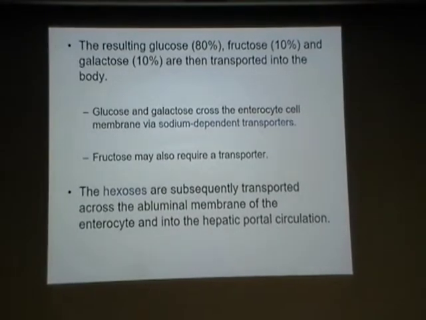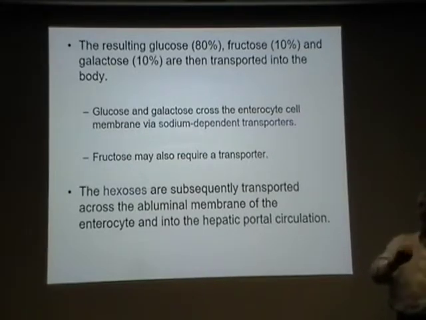We want to make sure that we're getting this stuff into our body. So we're going to use active transport, over and above just using facilitated diffusion. But with active transport, we're going to use sodium absorption from the diet as the driving force, providing the energy for the uptake. That's true for the glucose and also the galactose. Fructose, I'm not as sure about how it works.